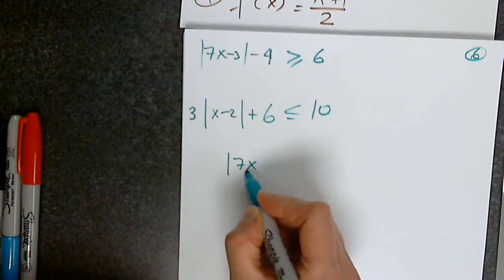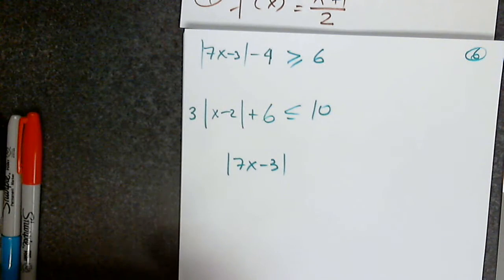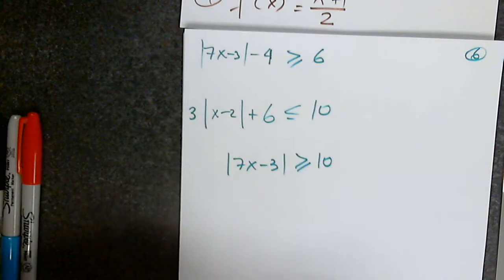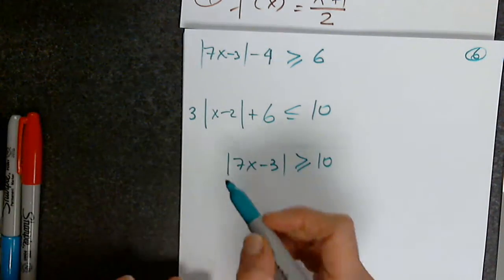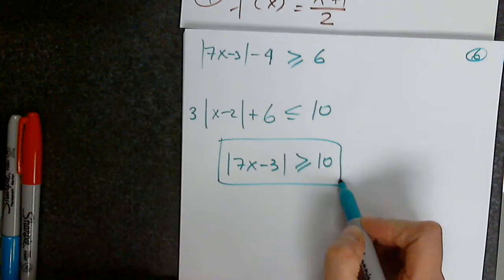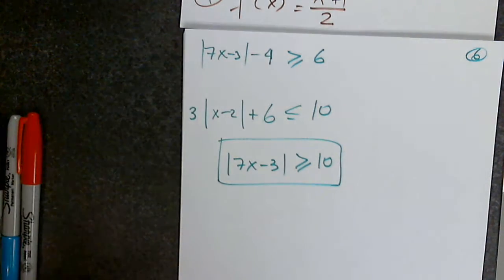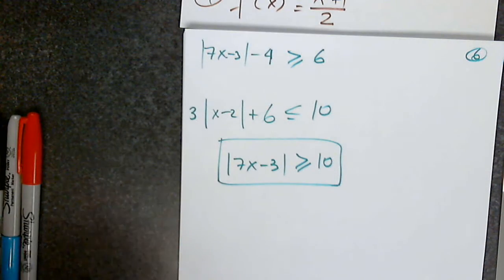So we have the absolute value of 7x minus 3. What do I have to do first? Add 4. Good. And now I have to think. I can take 3, I can divide by 7, nothing. Now, this is untouchable. You cannot perform any operation on it. What we can do is change it into something that we can solve. What is that something that I can solve?